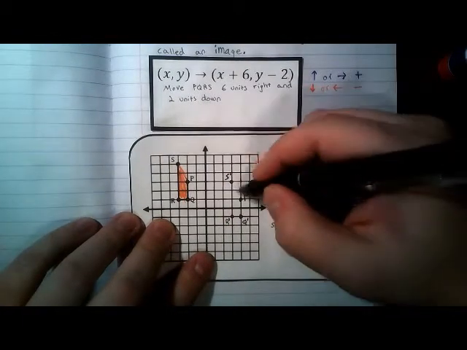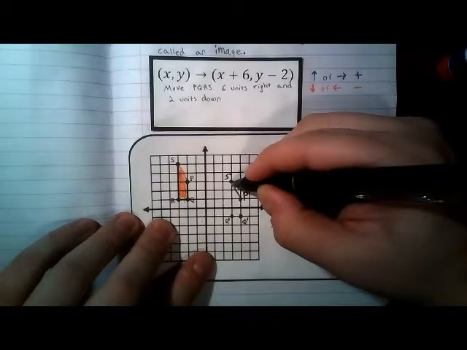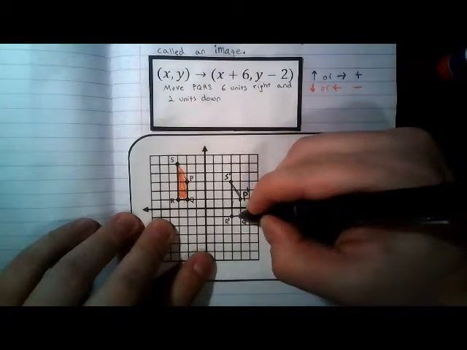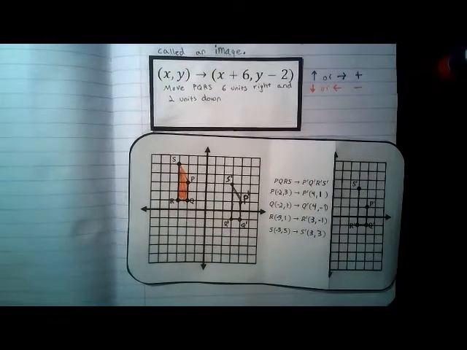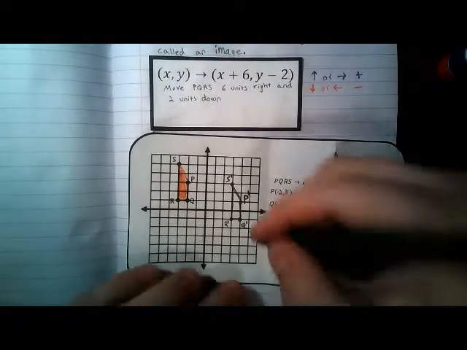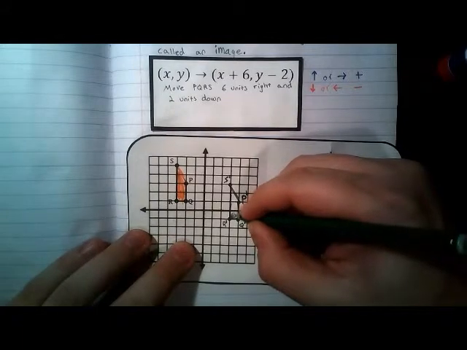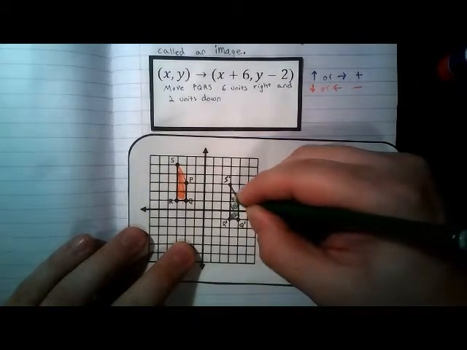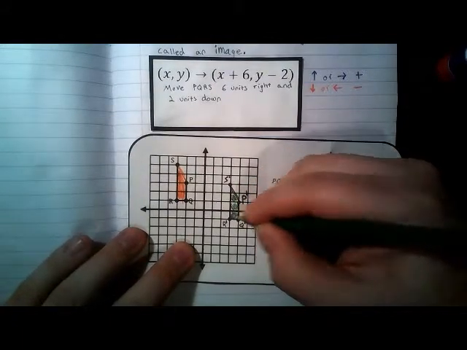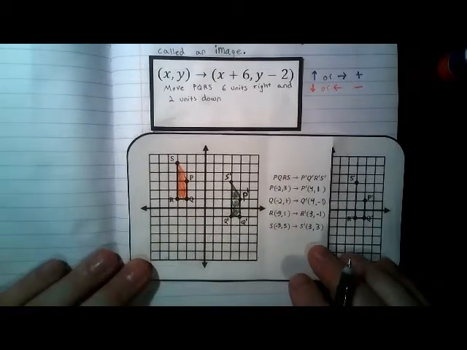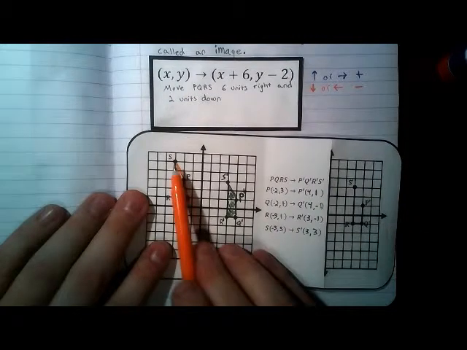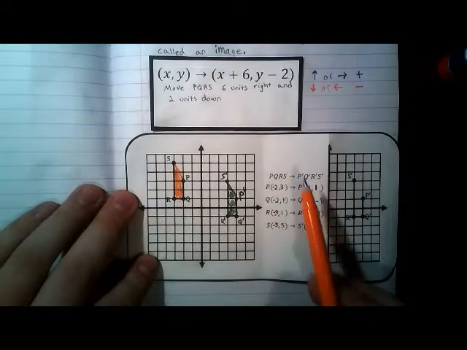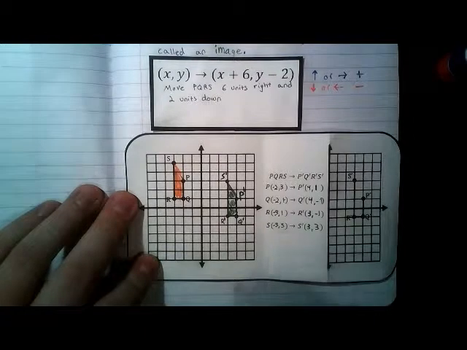Okay, and what I'm going to do is just, because I made this one a figure over here, do the same thing. And I'm going to color that in, let's do it in green. And you can see, if we were to just count, every single point should be moved in the same direction, the same distance.